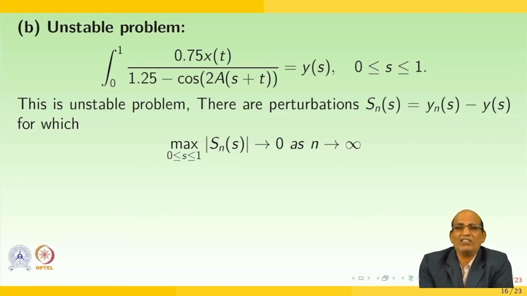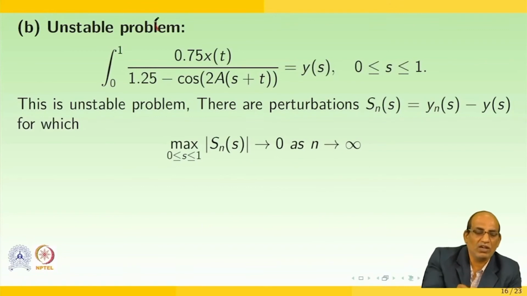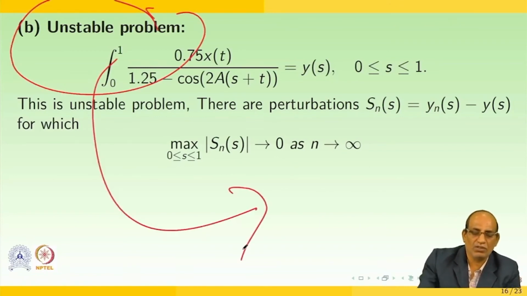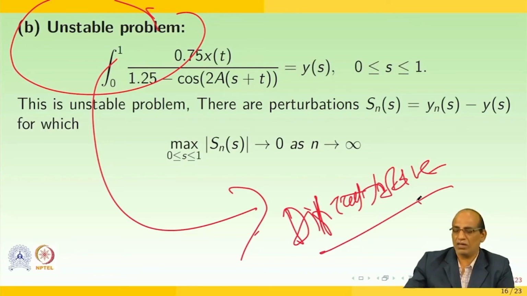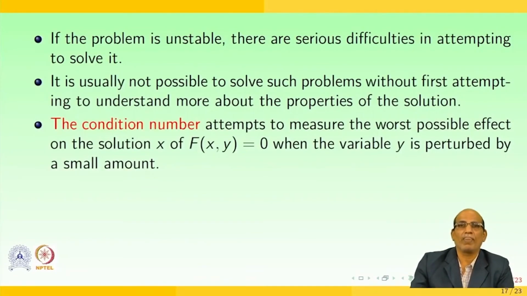These are perturbations: δn(s) = yn(s) - y(s), and we write max over s in 0 to 1 of |δn(s)| tends to 0 as n tends to infinity. So these are called unstable problems. Unstable problems are difficult to solve.